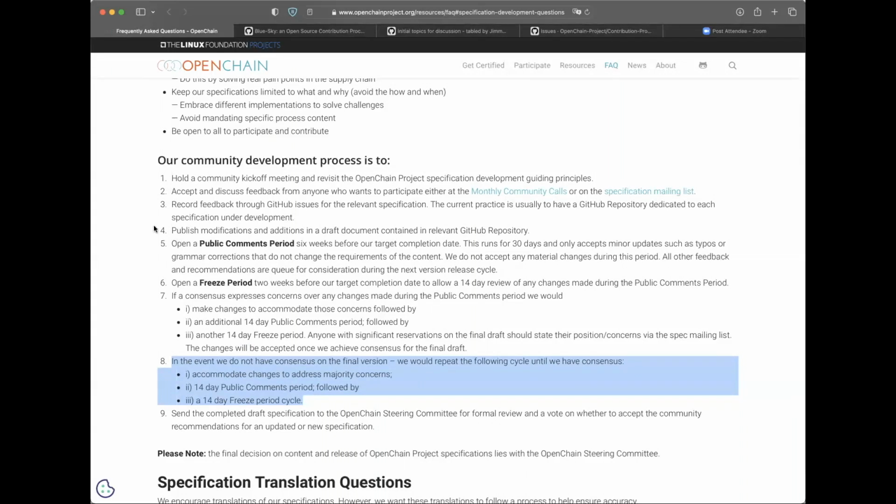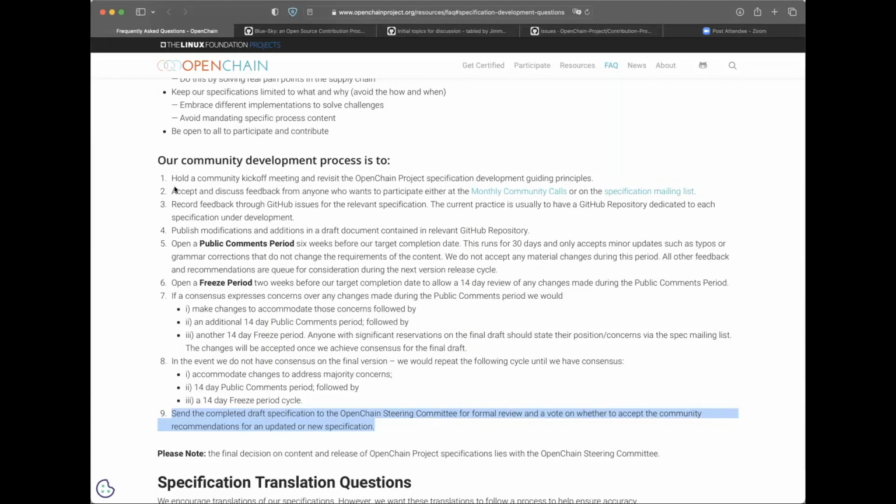Once this is done, so once we have a draft document, once we've gone through a public comments period and a freeze period, and the people involved in our specification list and monthly calls are happy, we send the completed draft spec to the OpenChain steering committee. And that's when they will review it and decide if it will be an OpenChain standard or not.